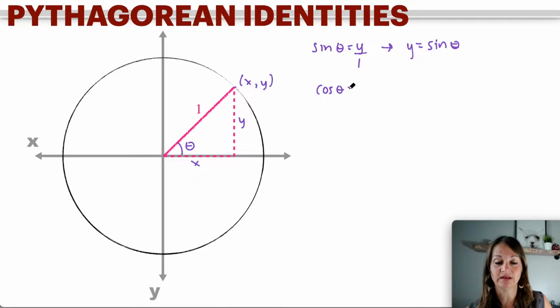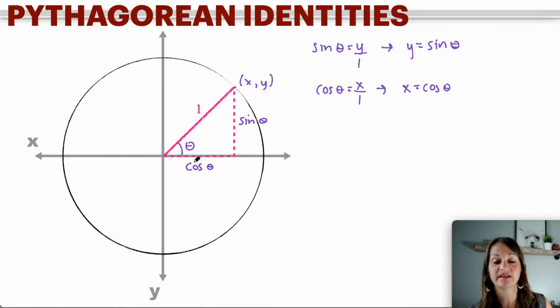Cosine of this angle is adjacent over hypotenuse, which is x divided by 1, which means x represents cosine of theta. So if we were to replace x and y with what x represents, which is cosine, and y represents sine, then we have a right triangle that we can actually do the Pythagorean theorem on.